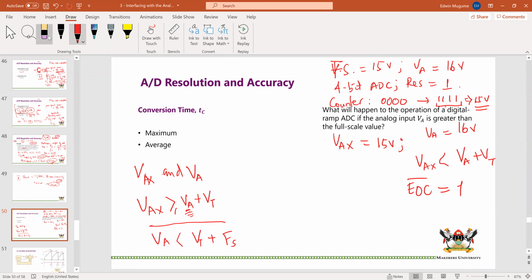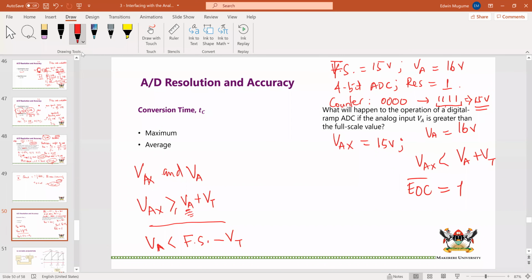I think I need to restate this. I should mention that VA should be less than the full scale minus VT.